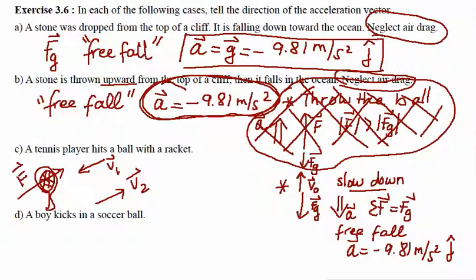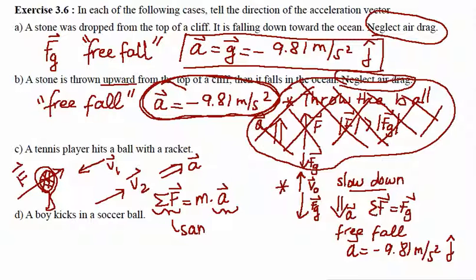So in that case, the acceleration is going to be in the same direction as the net force, therefore it's going to be this way. Remember that according to Newton's second law, the sum of the forces and the acceleration are always in the same direction.